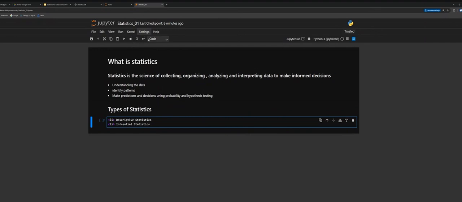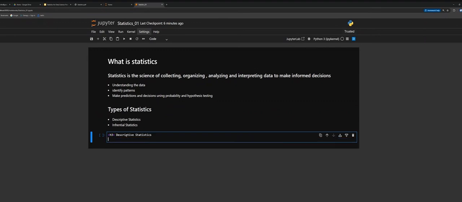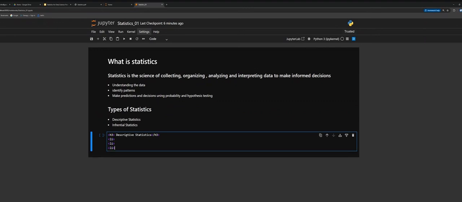These are very important. Now let's talk about descriptive. So what falls under descriptive? What is descriptive statistics?